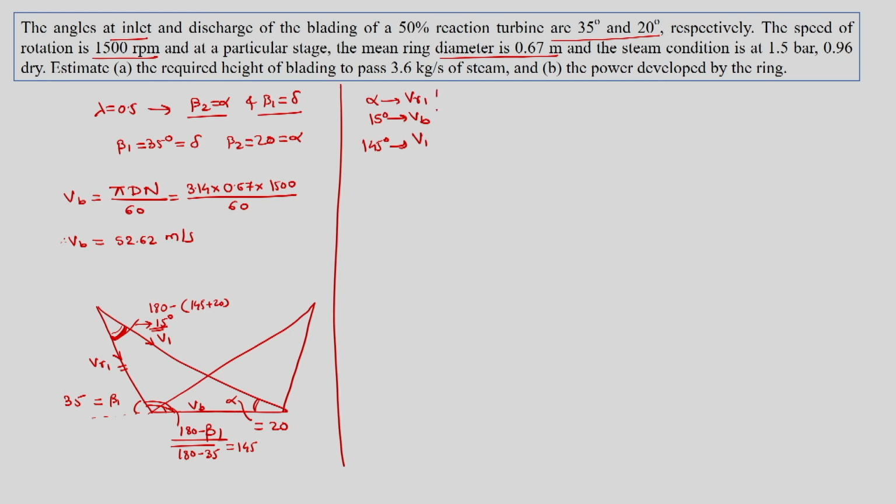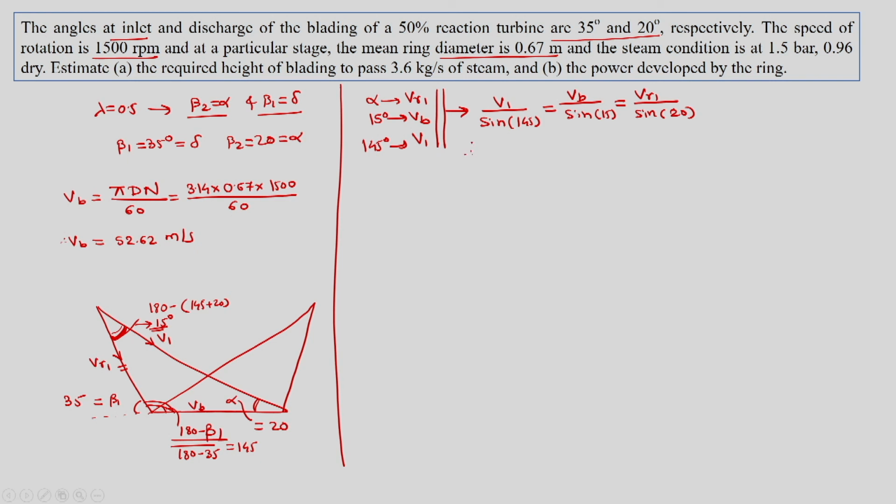So we can make use of this and write V1 upon sine of 145 is equal to VB upon sine of 15 is equal to VR1 upon sine of alpha, which is 20.